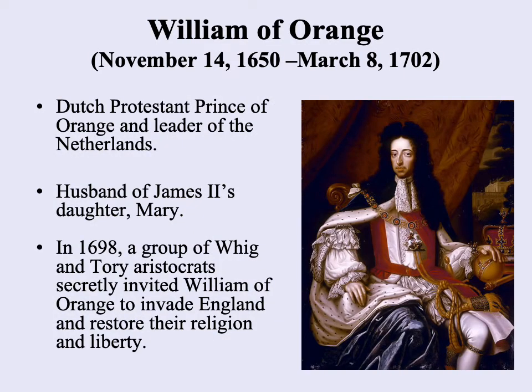James' daughter, the very Protestant Mary, is married to the ruler of the Netherlands, the Dutch Protestant Prince of Orange, William. And so William is fervently Protestant. In fact, for some time now, he had been trying to get England to join a confederation of Protestant powers against France, which by this time had become one of the preeminent Catholic powers in Europe, in some ways replacing Spain in that role.